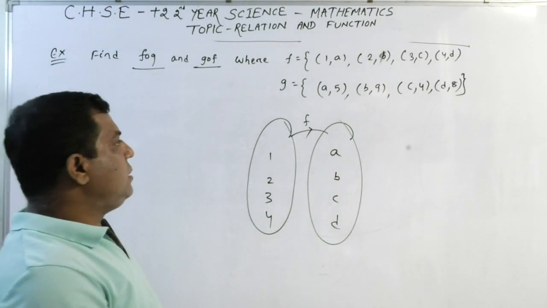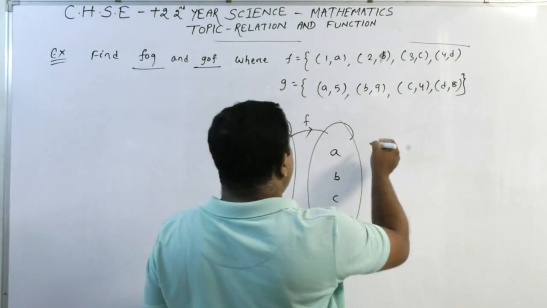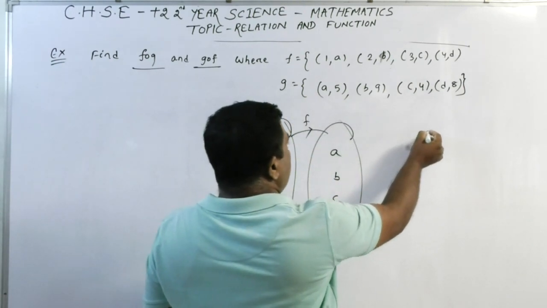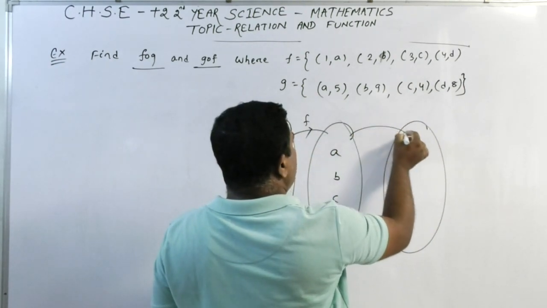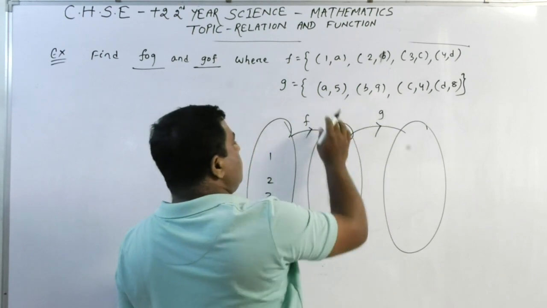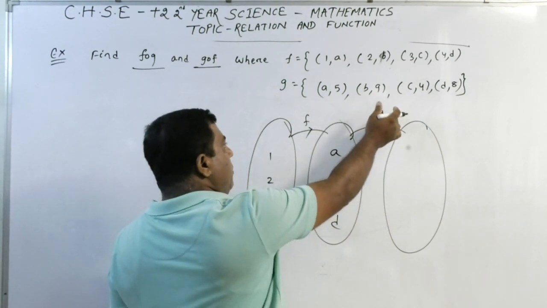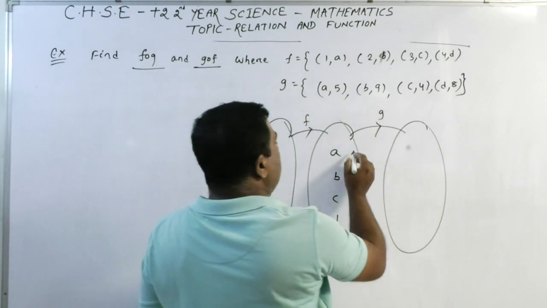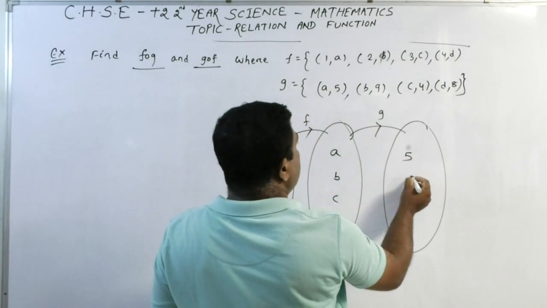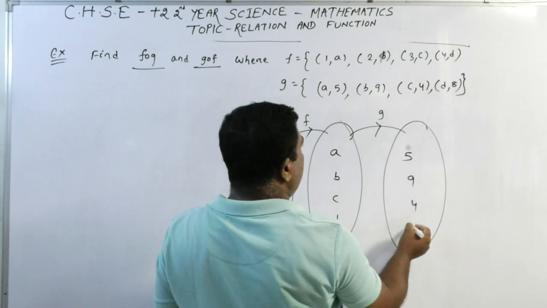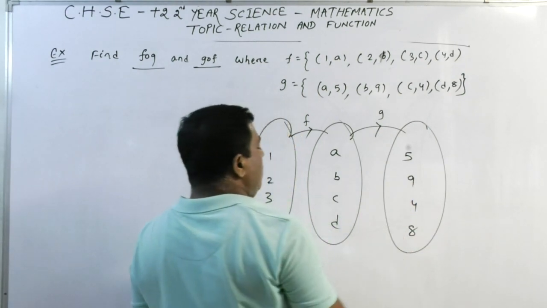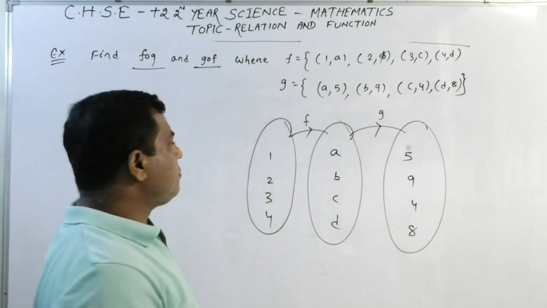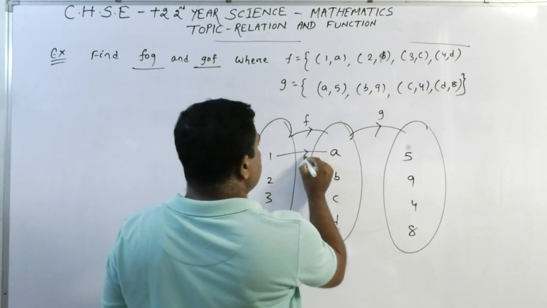Okay, my dear students. Now what does the function g do? The function g again converts those functional values, which are behaving like the parameter of the function g, to the values: a is converted to 5, b to 9, c to 4 and d to 8. Okay, it is like this.